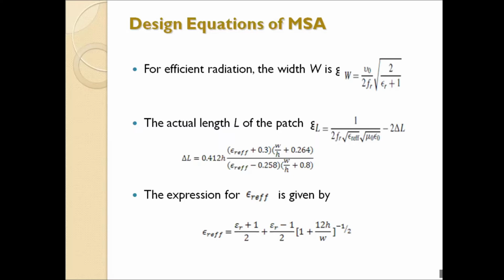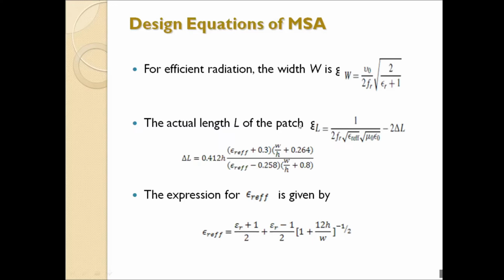Physical height and effective height are different. Similarly, here the physical length and the effective length are different. The whole physical length cannot be utilized as an effective length. Slight variation would happen due to the fringing field outside from the top surface of the dielectric material.